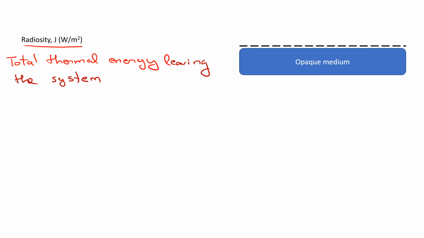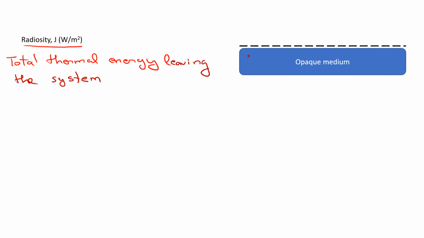Okay, and it has the same dimensions, units as irradiation. So it's denoted by an uppercase J and has the units of watts per meter square. Okay, so let's understand what your radiosity will be.